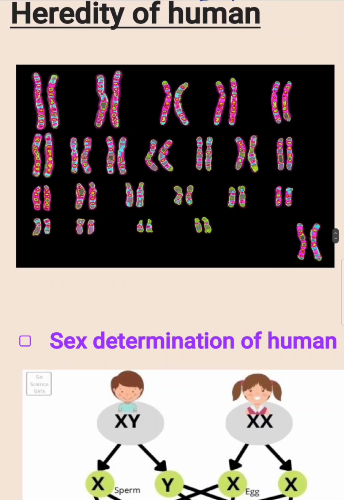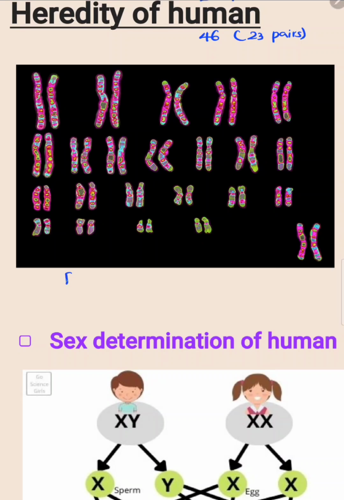You know that humans have 46 chromosomes in their somatic cells. These 46 chromosomes make 23 pairs. As you can see in this figure, 22 pairs are autosomal chromosomes and one pair is considered the sex chromosomes.